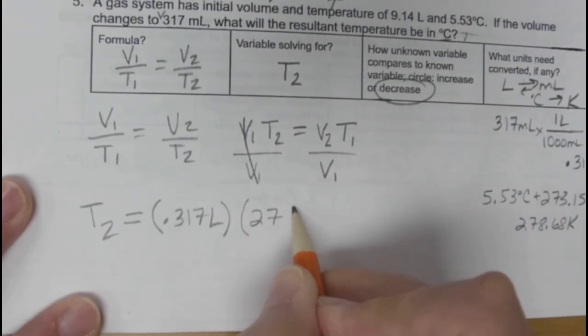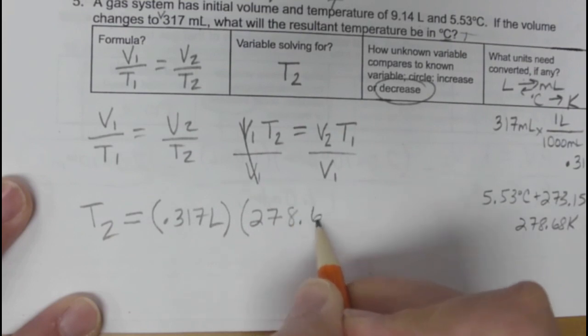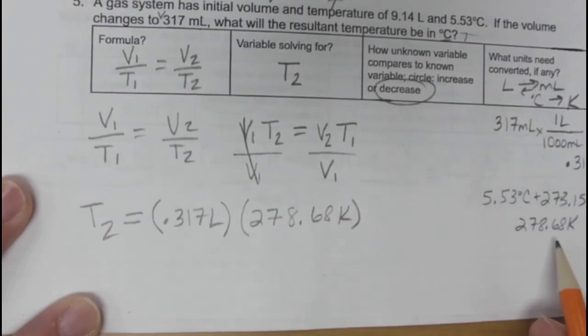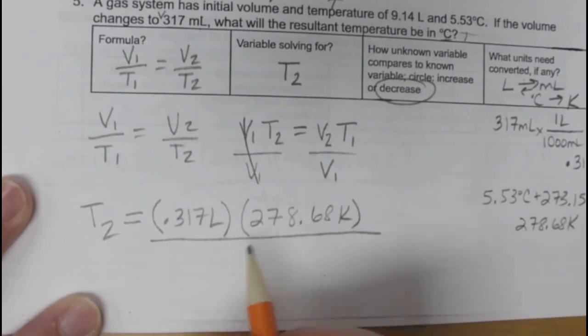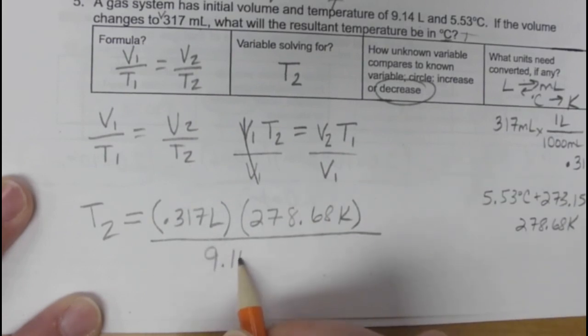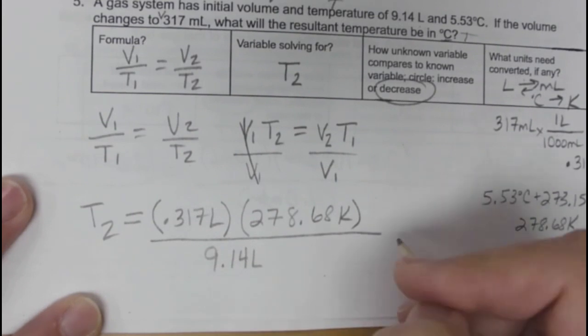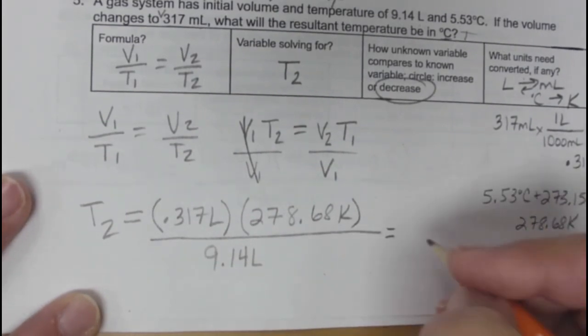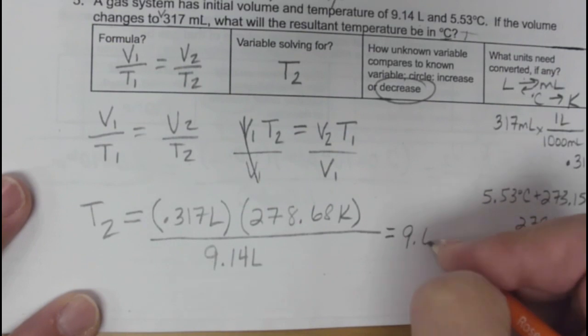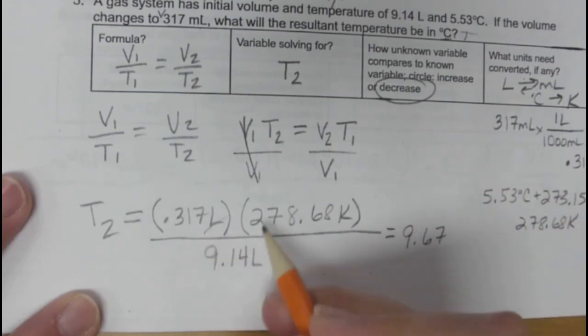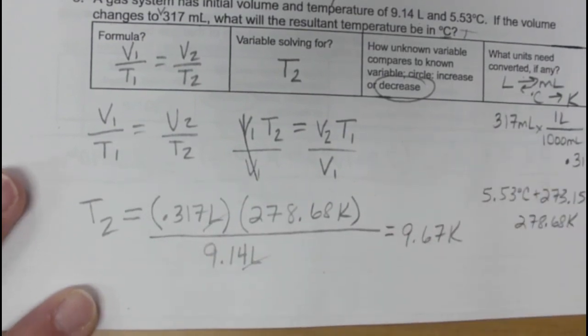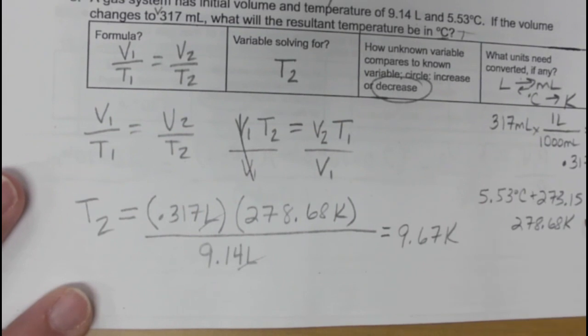Our T1, 278.68 Kelvin. We had to convert that. And our initial volume, or V1, was 9.14 liters. So when we do that, we get 9.67. Remember, it's Kelvin. So that's the answer, and that's correct.